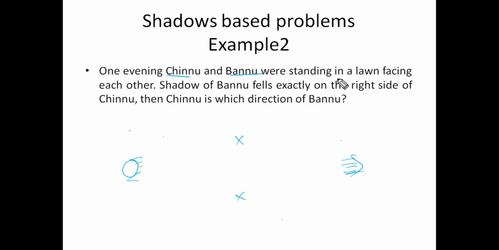Here we are told one point: the two persons are facing each other. So this person is facing this one, and this person is facing this one. Keeping aside all the concepts, just give some answers here. Based on this line, what are the possible directions?